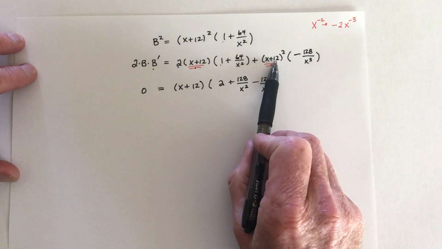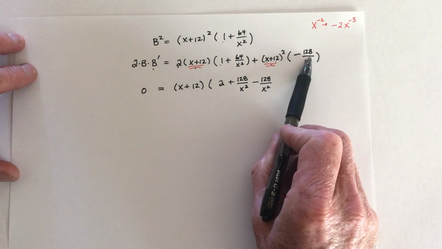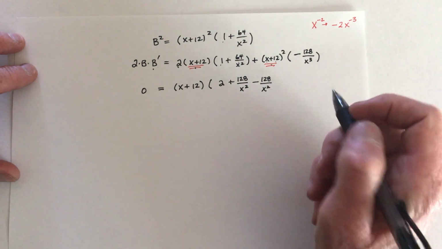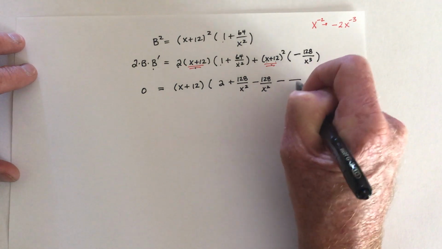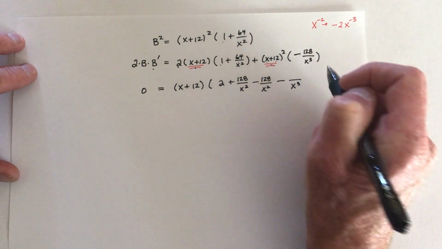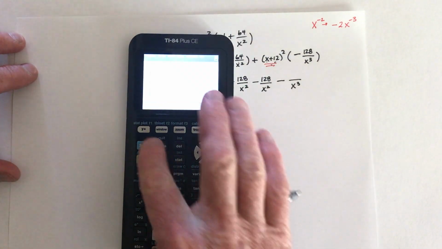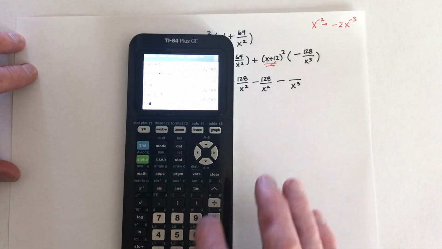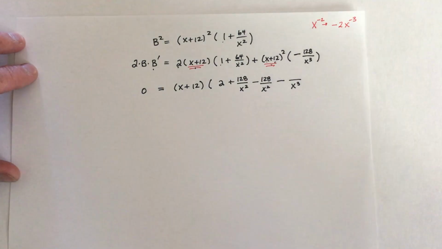And then there's also a 12 that remains, so I have to put 12 times a negative 128. So positive times a negative, I know it's going to be negative, and I know that it's going to be over x cubed. And then 12 times 128 is 1536.